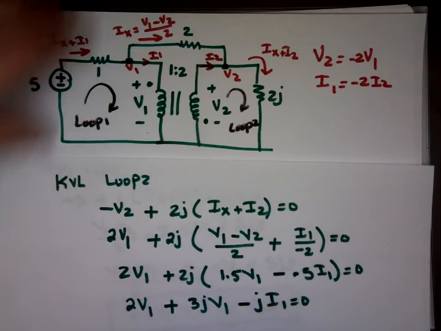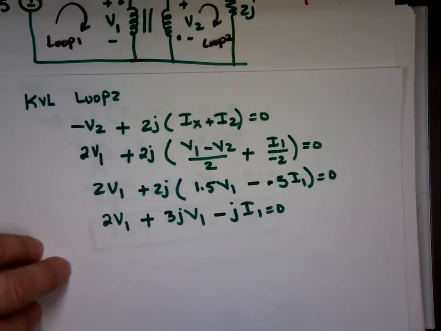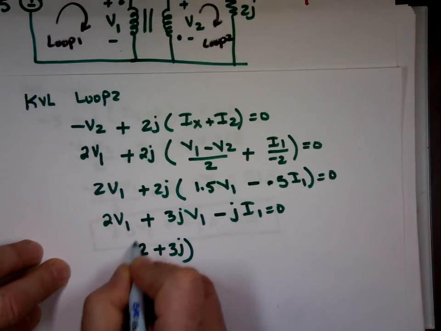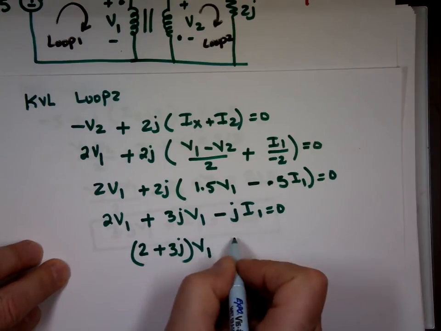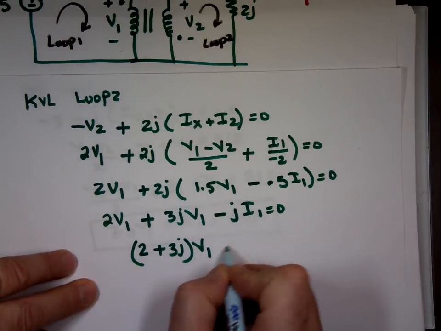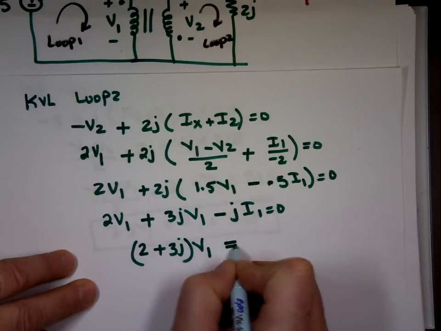If you clean it, 2 plus 3j V1. I forgot what the question was. What was the question? Find I sub 1, V1, everything. Yep. Equals j I sub 1 if you move it there.